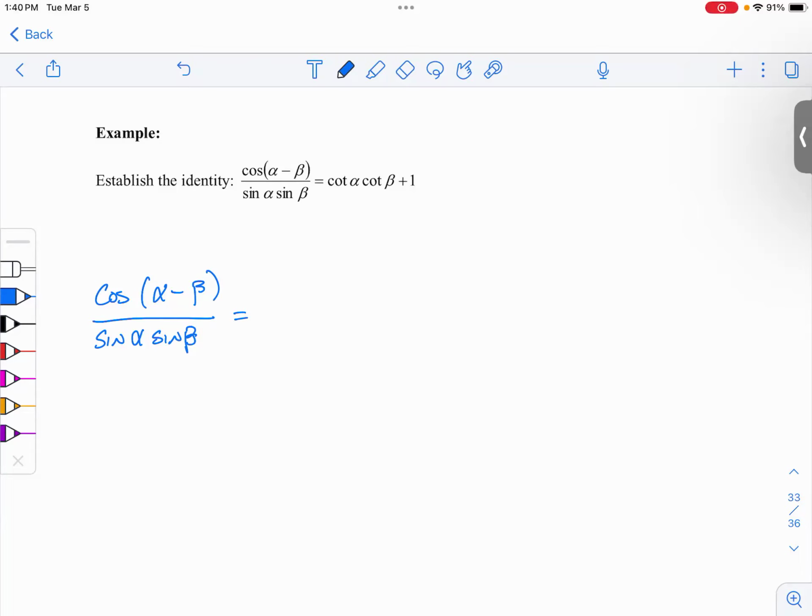There's no identity here. This is more of a definition, but we can kind of use those synonymously. What definition did we just talk about? More general. The sum difference. This is the definition of sum difference. Cosine alpha minus beta. Expand that out.